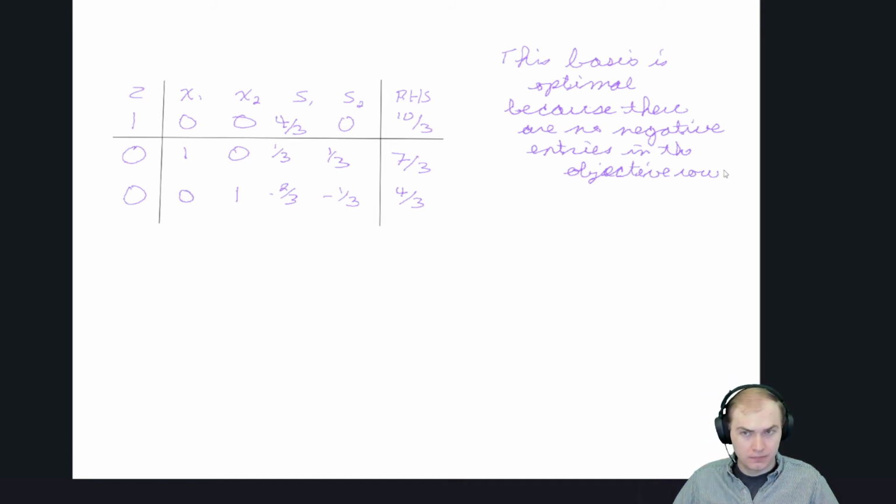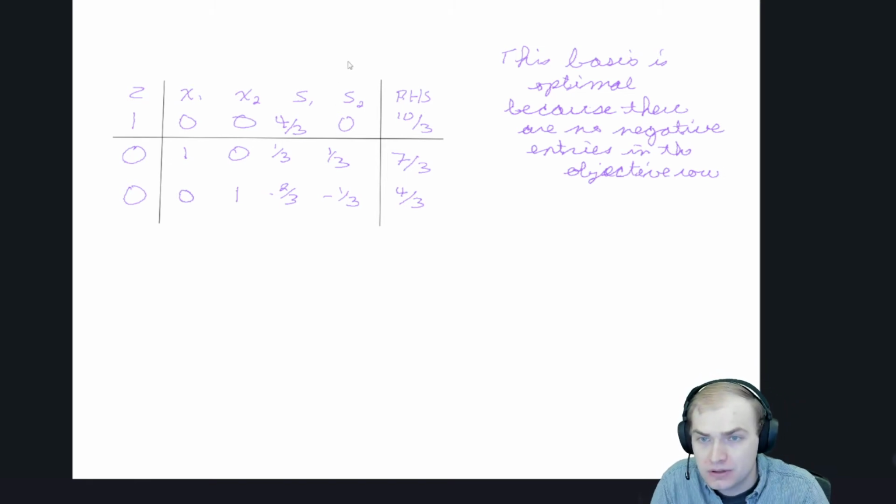So there's no variable for us to increase. However, or there's no variable that we can increase that will actually improve the objective function value.